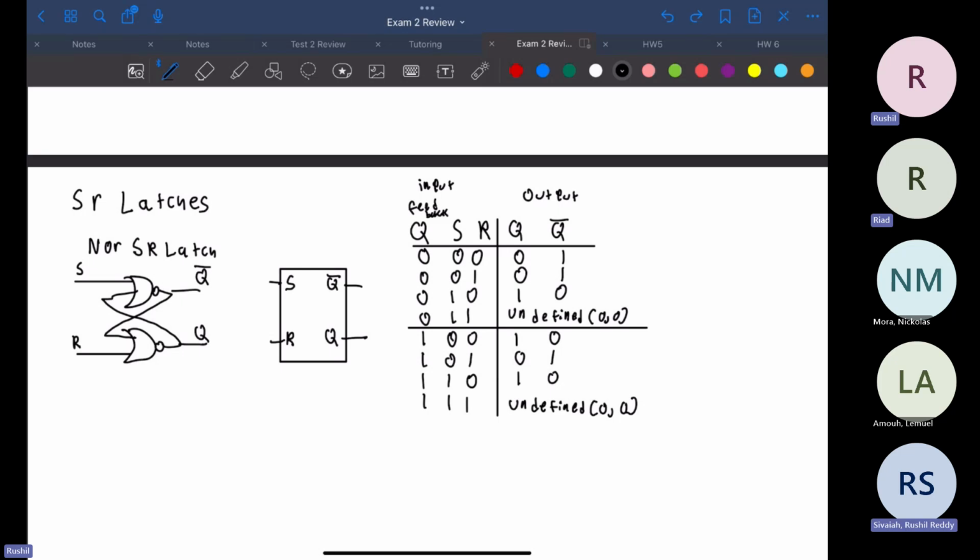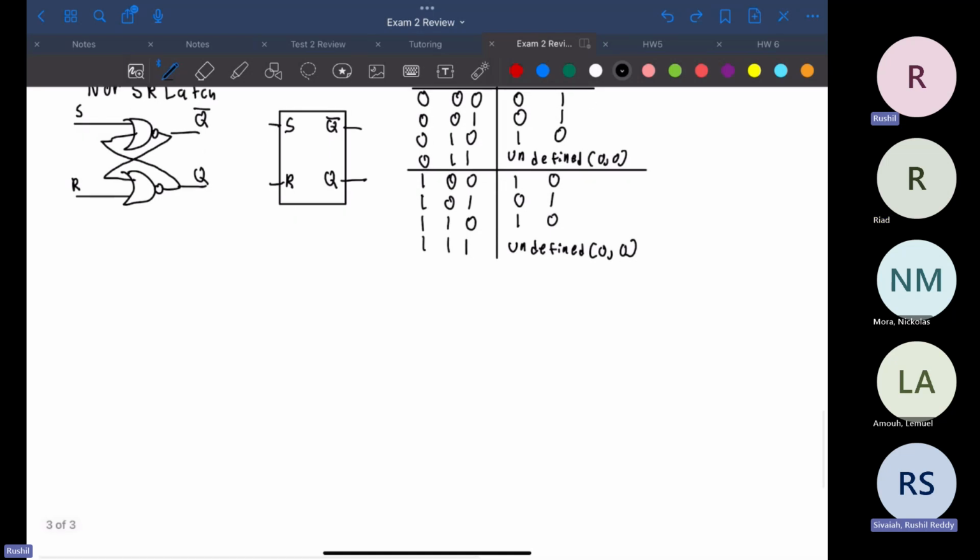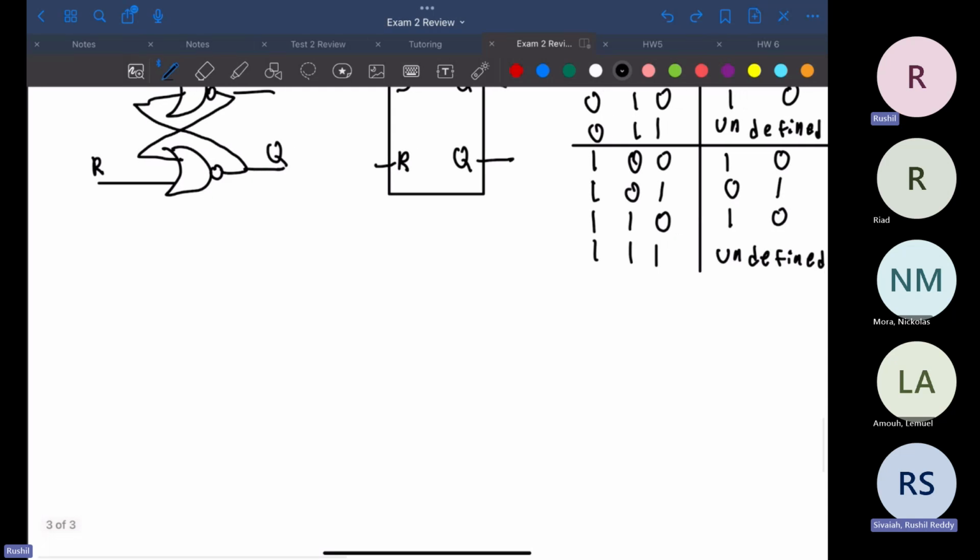That's why I was confused, because in the slides S is on top and Q is on top, and reset is below. I remember seeing that too. I guess it doesn't matter for the sake of this review. We'll just do what it says here, but I would have to check on that. I'm not too sure.